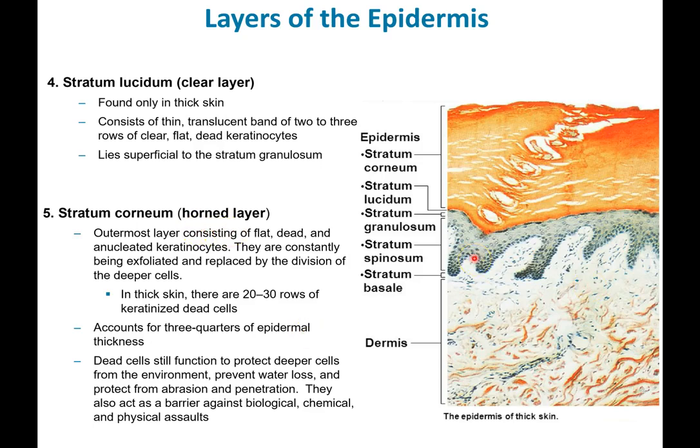The keratinocytes in the stratum corneum slough off and are constantly being shed and replaced by the division of cells in the deeper layers. In thick skin, we expect about 20 to 30 rows of keratinized dead cells.